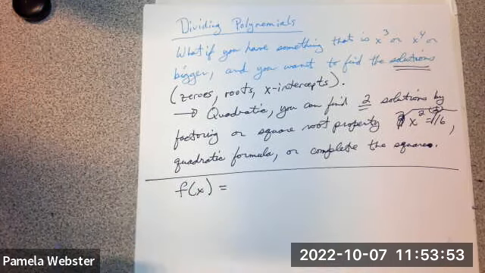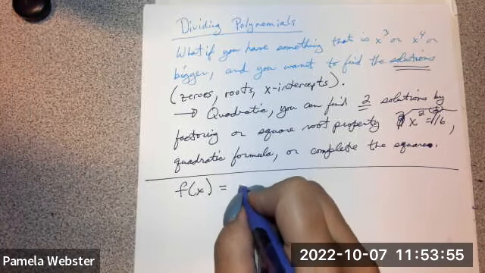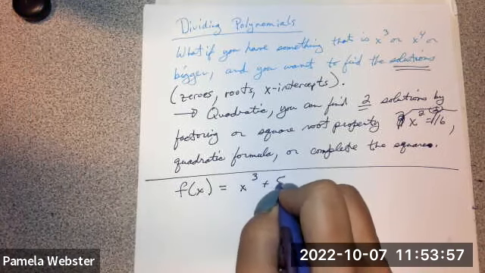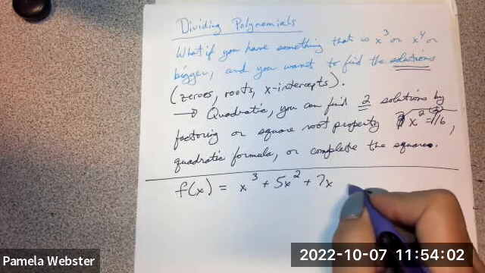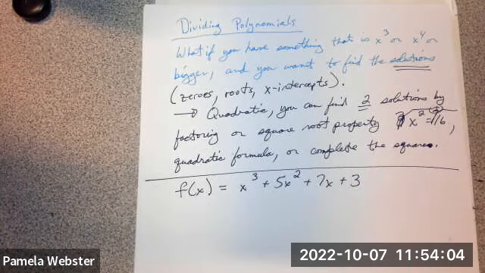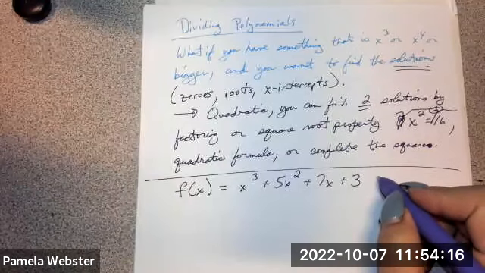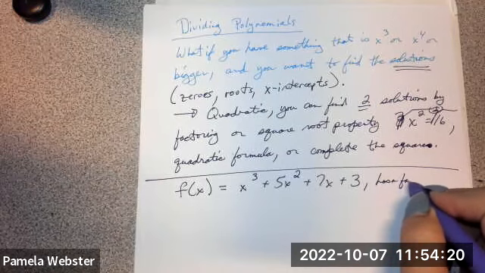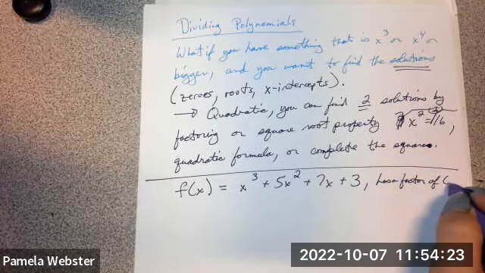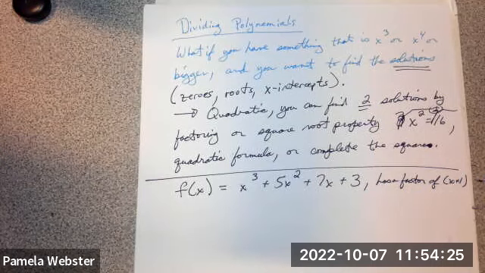If I tell you you have a function and the value is x cubed plus 5x squared plus 7x plus 3, okay? If I give you that, we're not able to do anything really with x to the third, but I say it has a factor of x plus 1, okay?